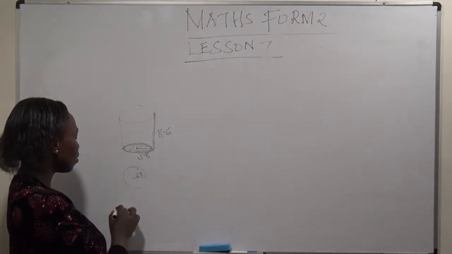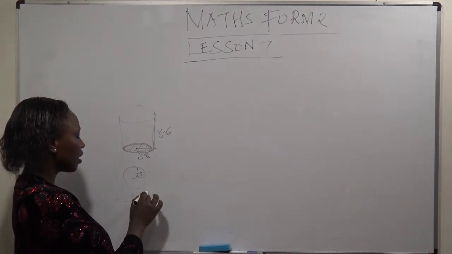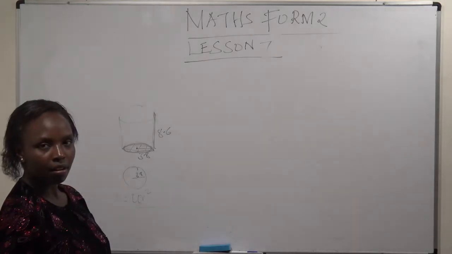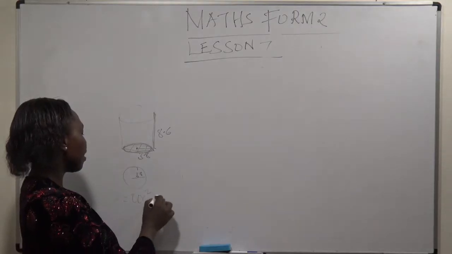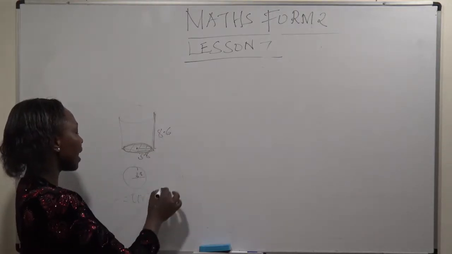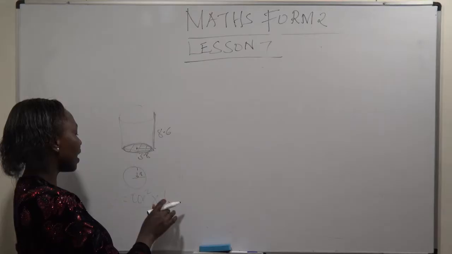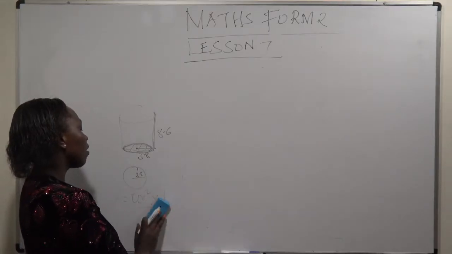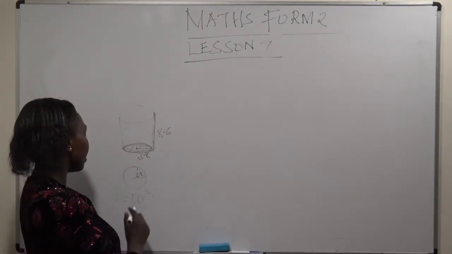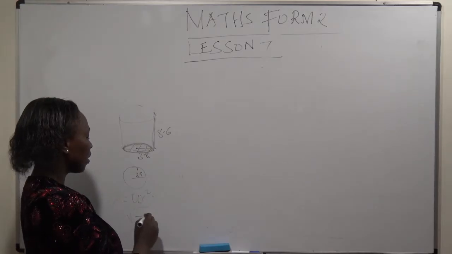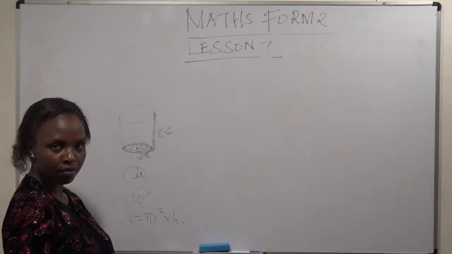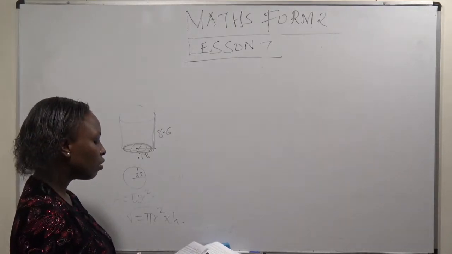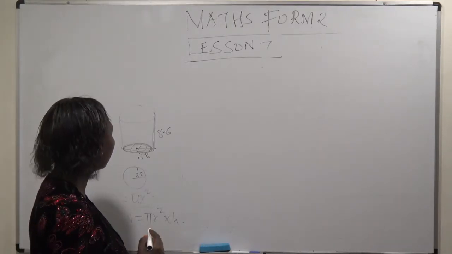The area of a circle is got by pi r squared. Then you multiply that area by the height of this cylinder. That is what gives us the volume. As simple as that. After getting that, you have the volume of this particular cube.